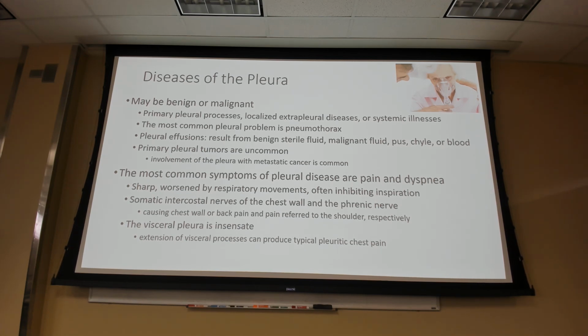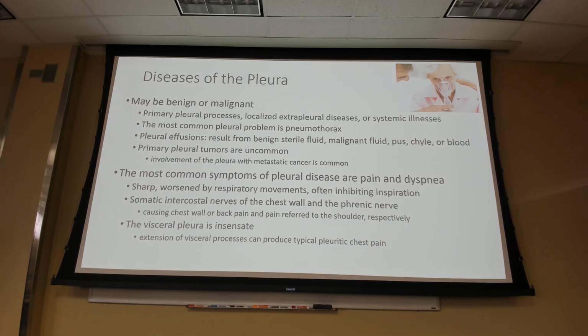But the most common problem we see here is pneumothorax, just because it's usually related to trauma, and we see it quite frequently with car accidents, any sort of penetrating wounds. So it is the most common one that we typically see, and it's usually easy to diagnose and treat.